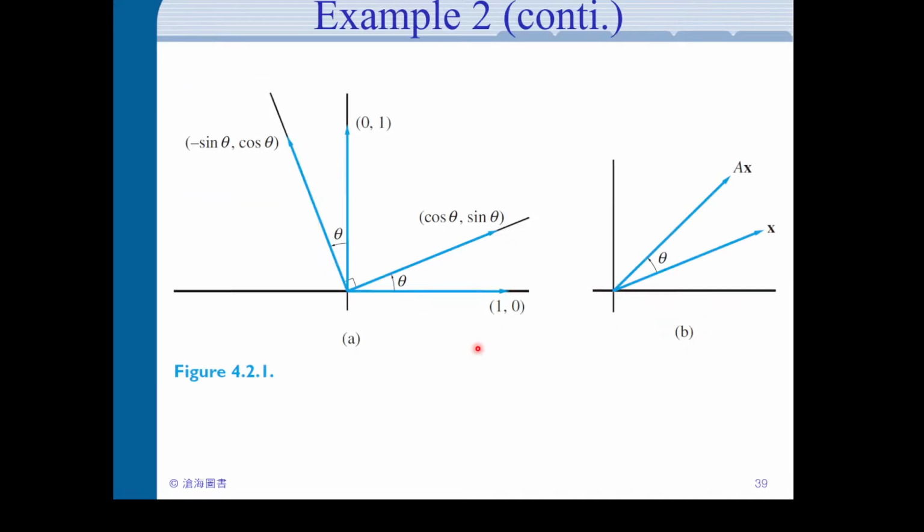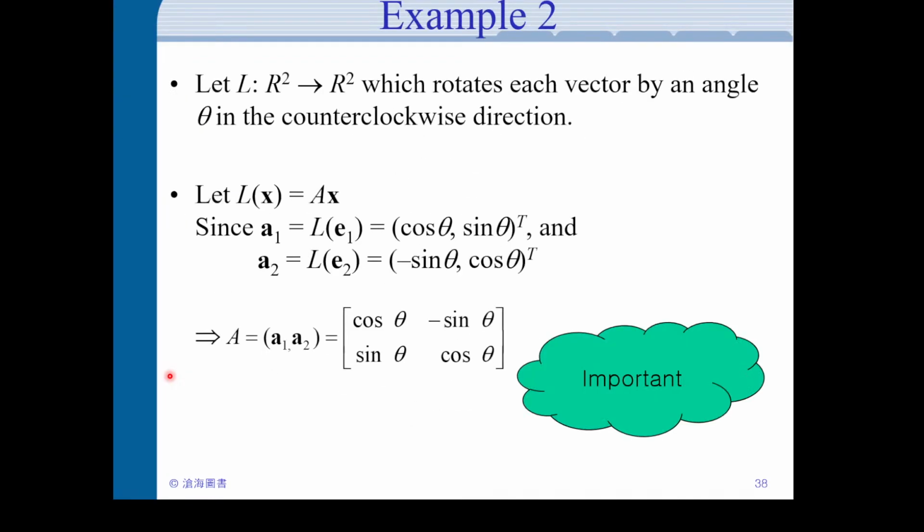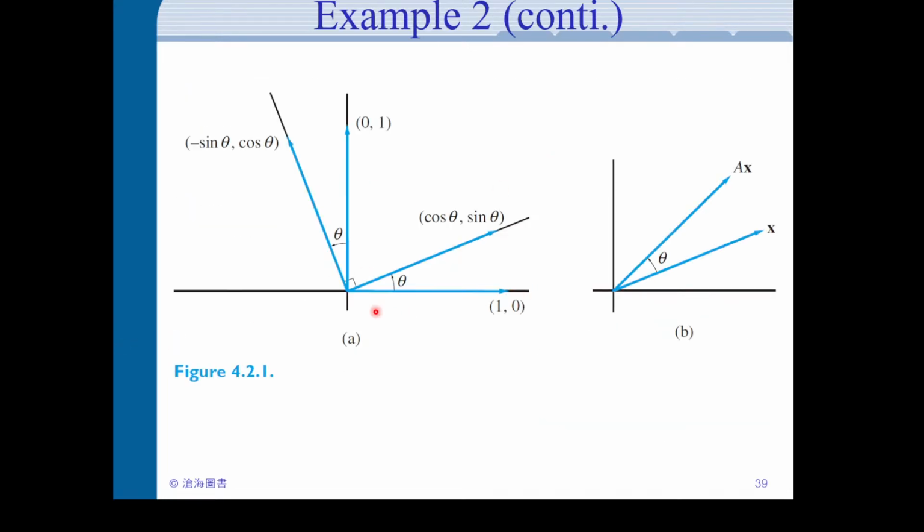Geometrically it is like this. You have a vector, and you rotate it by angle theta. Once again we go by the definition of the representation. We want to see the mapping of the standard basis elements under A. So we want to see the mapping of the (1,0) vector by A and the mapping of the (0,1) vector by A. The (1,0) vector gets rotated by angle theta, and it becomes this vector here.